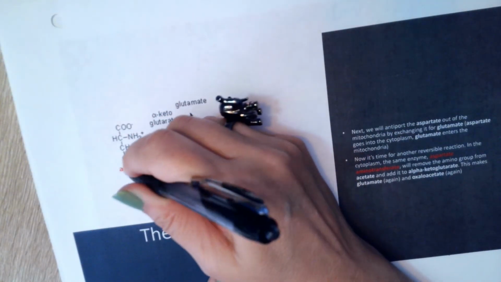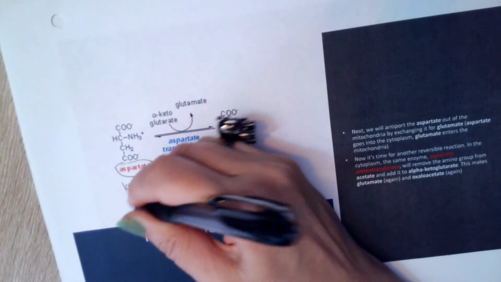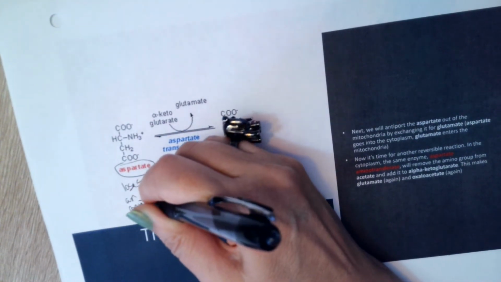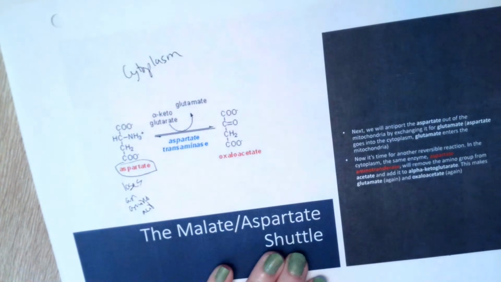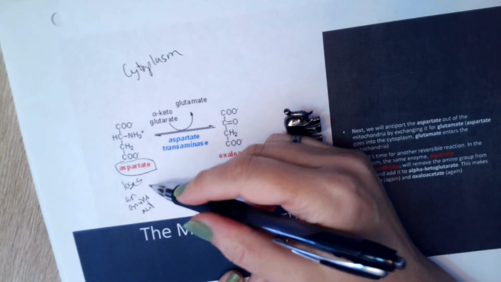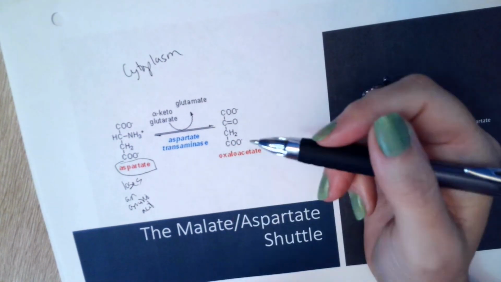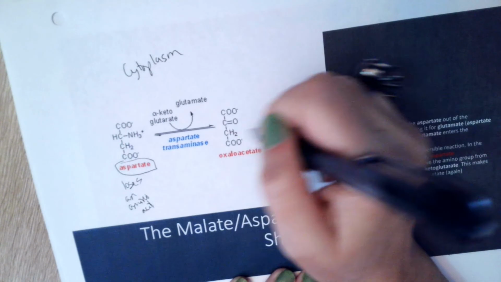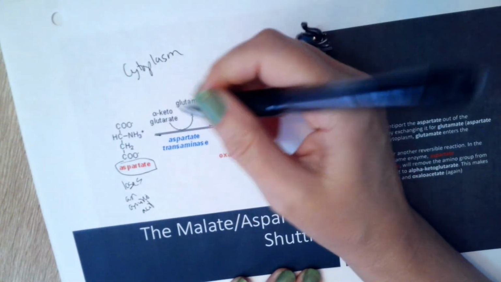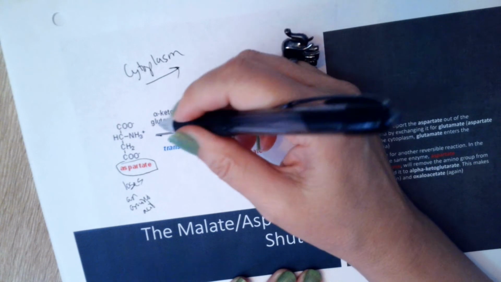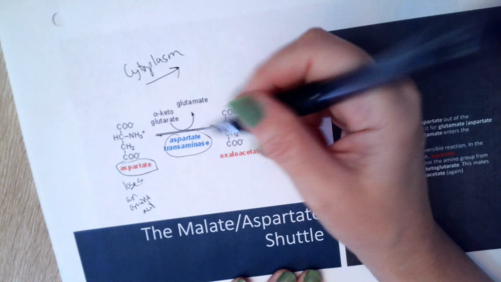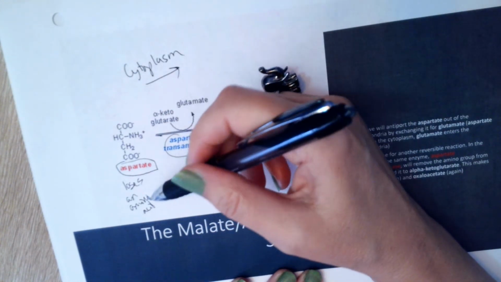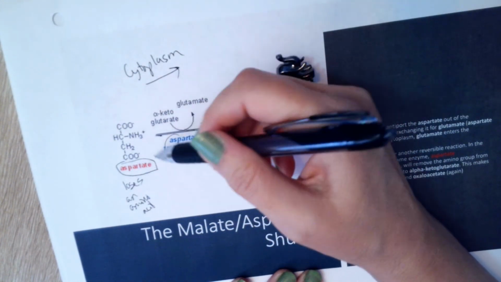But just think of aspartate. It's going to lose an amino acid here because this is in the cytoplasm. So we're not forming the aspartate, we're taking it away, we're breaking it apart when we're going in this direction. So the cytoplasm is going to the right. The aspartate transaminase is the enzyme that is taking that amino acid off of the aspartate.